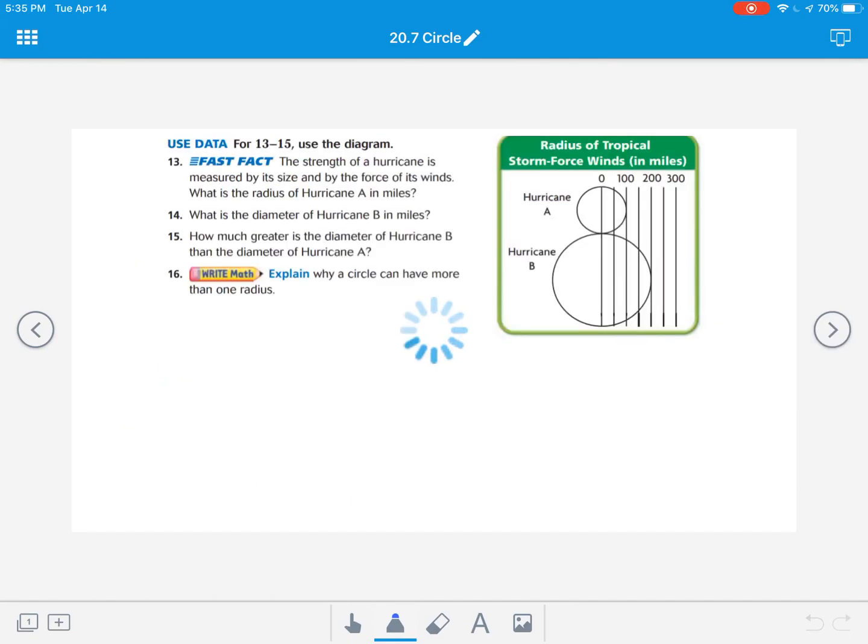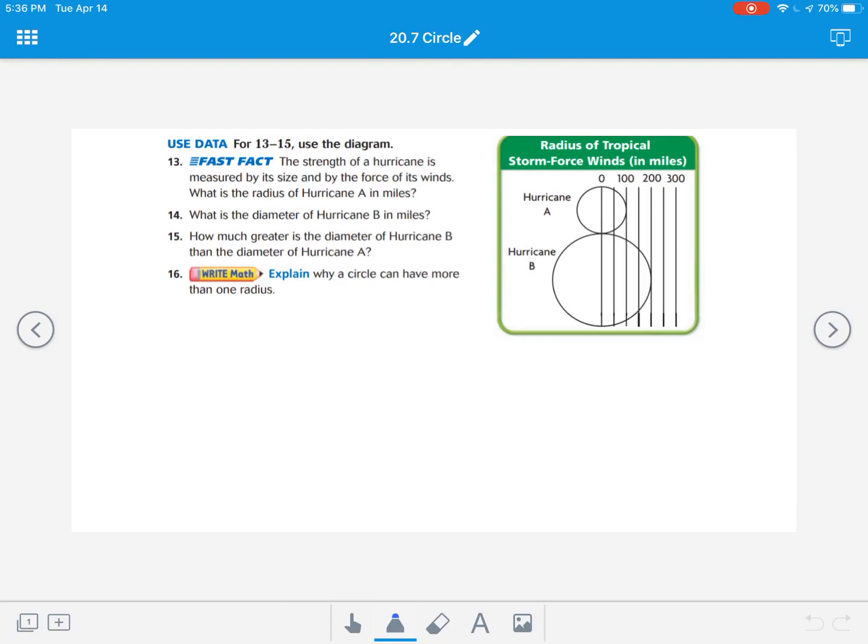All right, let's take a look at this picture, this diagram, and see if we can answer some questions about it. Number 13, the strength of a hurricane is measured by its size and force of its winds. What is the radius of Hurricane A in miles? Okay.